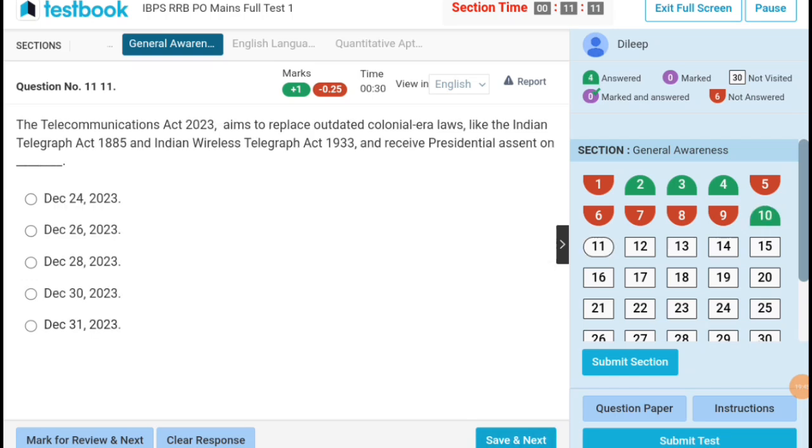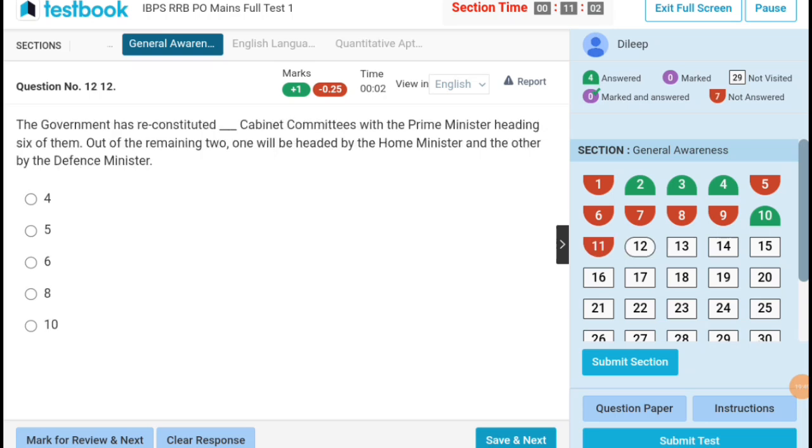Next. The Telecommunication Act is said... the government has reconstituted 6 cabinet committees.